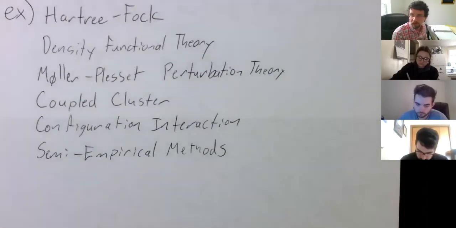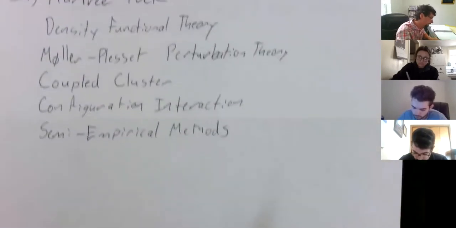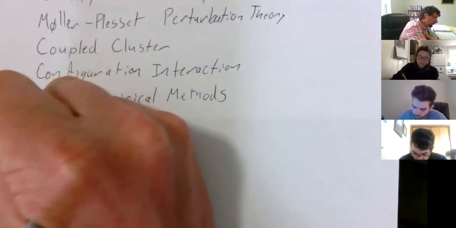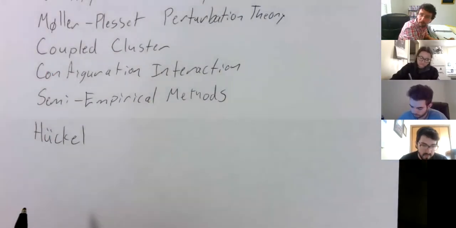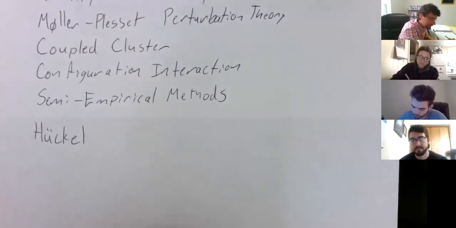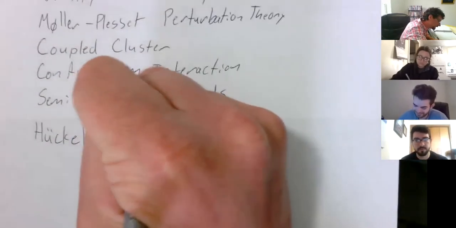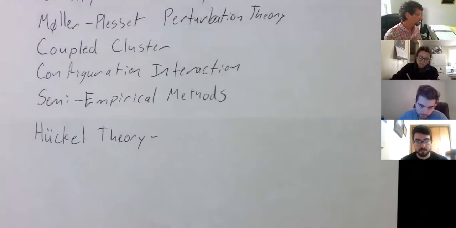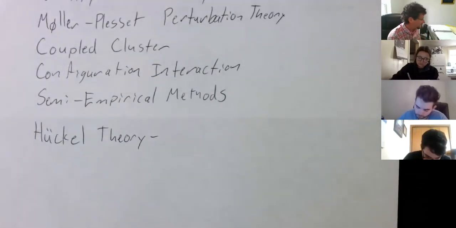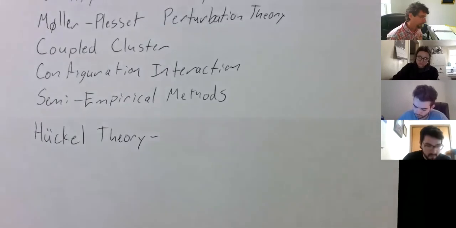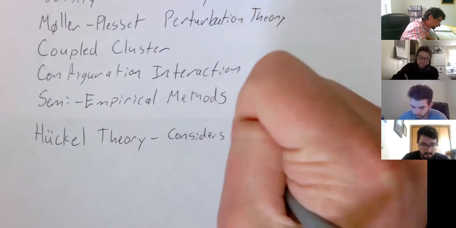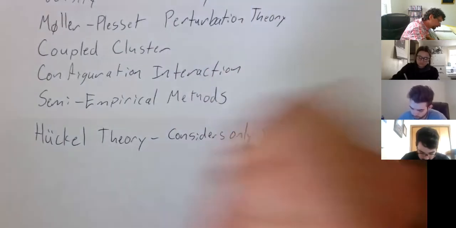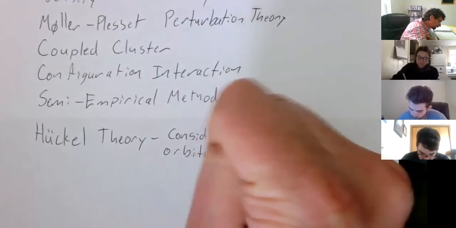There are two other ones that we're going to focus on for our last class next time. There's Huckel theory. Some people call it Huckel. All the Germans and people I knew who studied in Germany called it Huckel, so that's what I call it. And in this one, all you do is you consider the pi orbitals and that there's no orbital overlap between those pi orbitals.